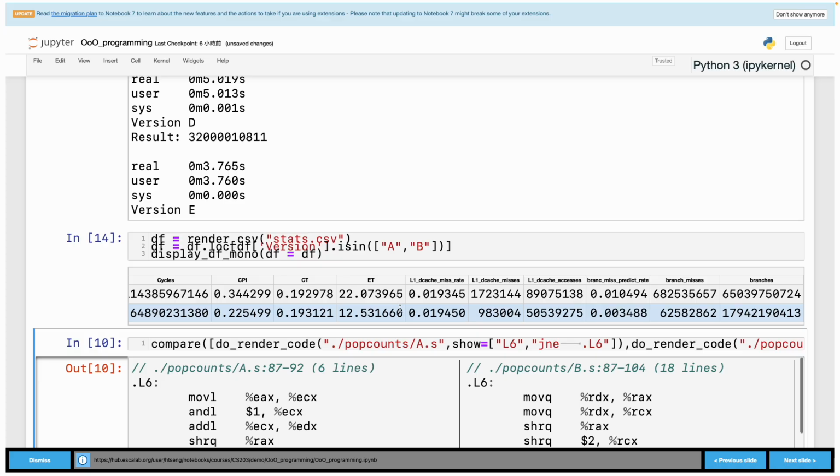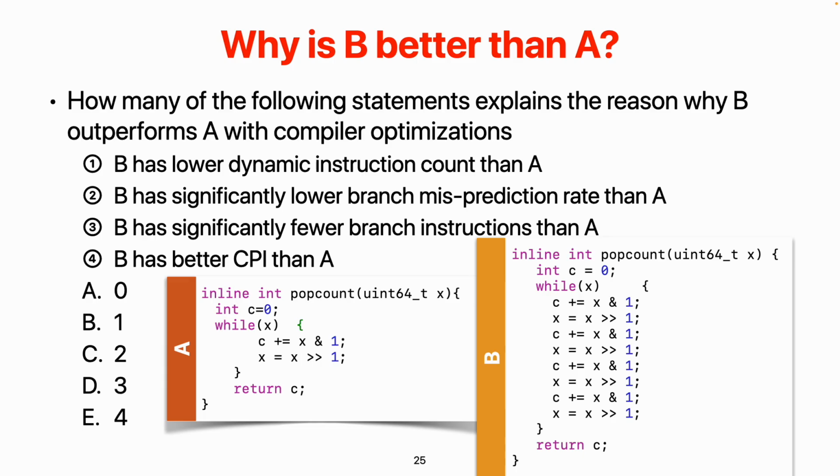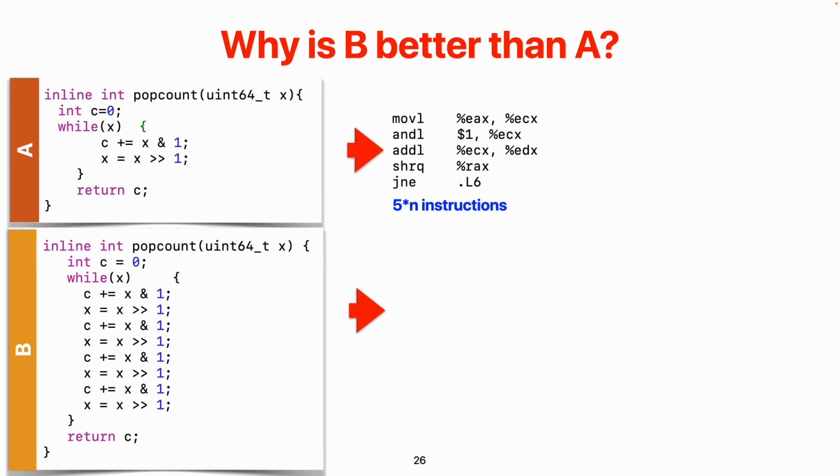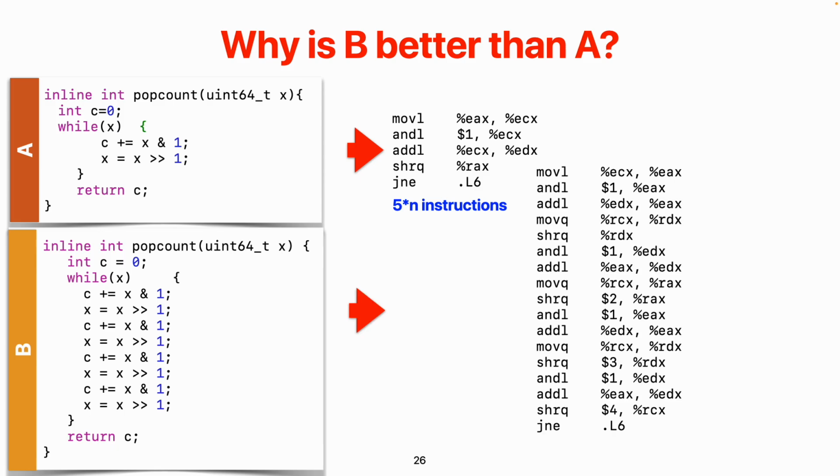And the other thing is that the randomized function itself is probably not too random, in a way that the processor could capture that, right? But if you take a look at the profiling result, what we will find is that among the statements, first, the branch version has a lower instruction count than A. That's true. And the reason, like you ask, is that this is version A, this is version B. For version A, if you compile it, it will need 5 instructions to implement this iteration. For version B, this iteration would need more instructions.